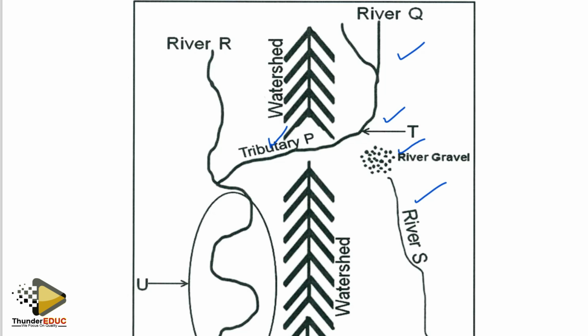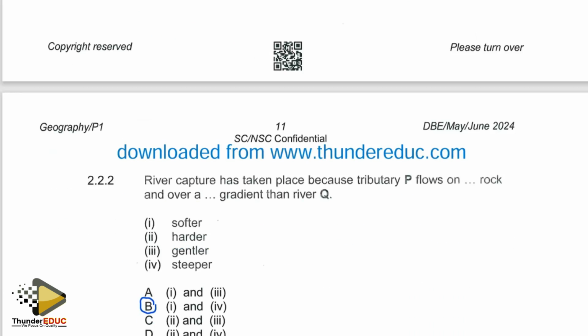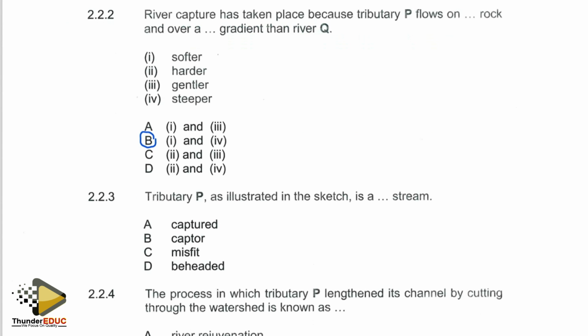So basically, those are the concepts related to stream piracy. We have the captor, the captured, the elbow of capture, the wind gap, and the beheaded stream.